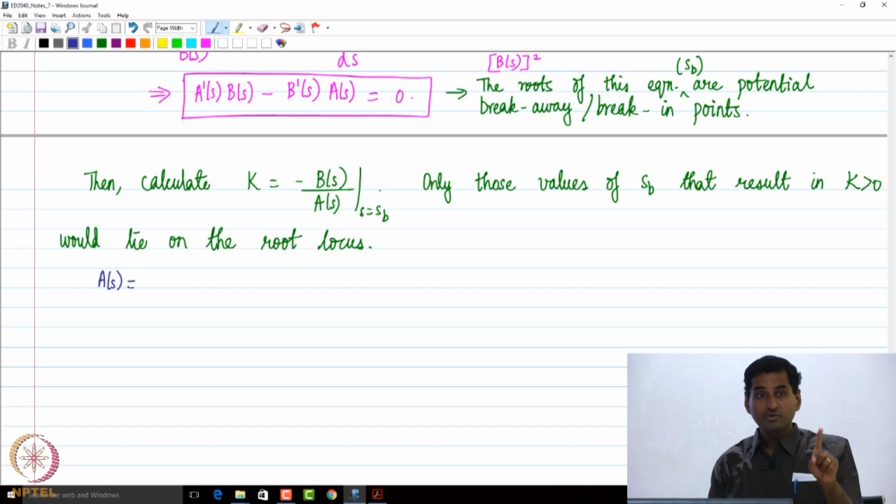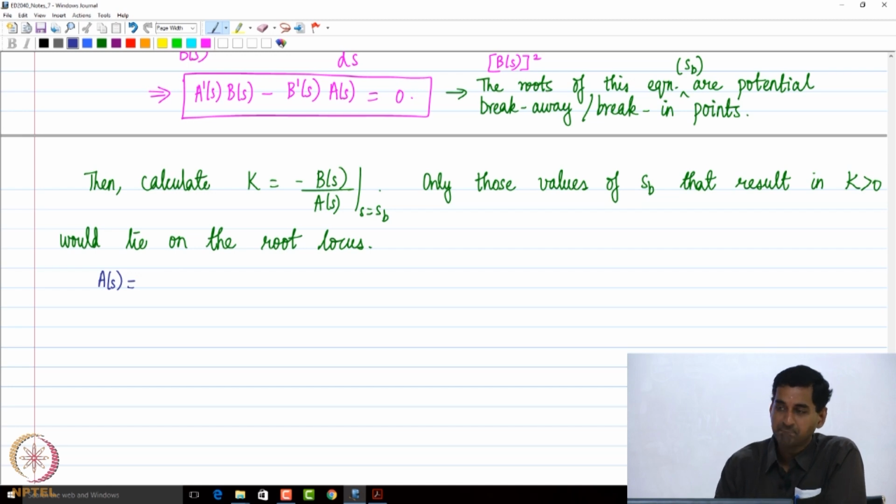Please remember, your closed loop poles are going to vary depending on the value of k. You are essentially figuring out whether there is a value of k between 0 and infinity where I have a repeating closed loop pole. The question we are answering through this step is: can I find a value of k, if it exists, where I can have repeating closed loop poles for the given system? That's what we are doing.